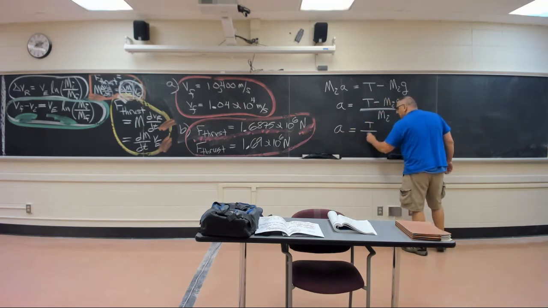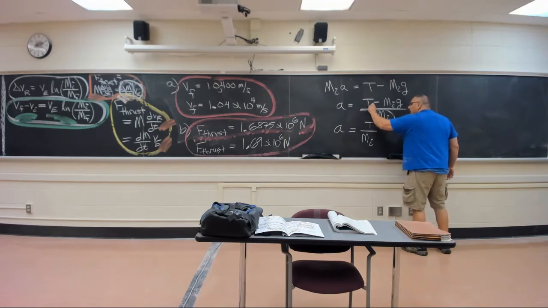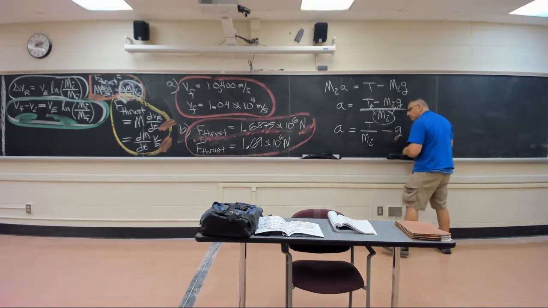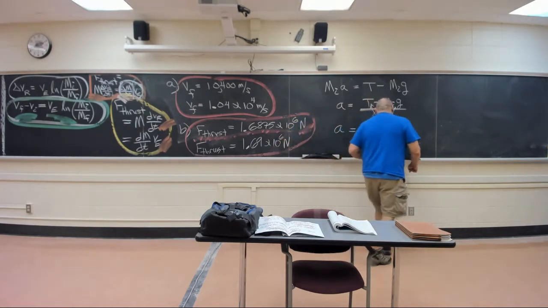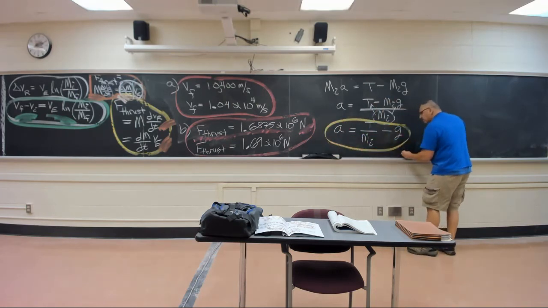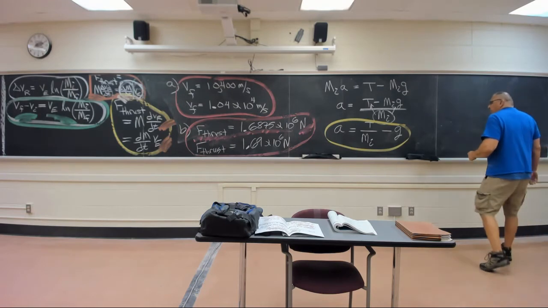Thrust divided by mi is the acceleration provided by the rocket. Take the mi and go here and go here. Mi goes into mi one time. True story.